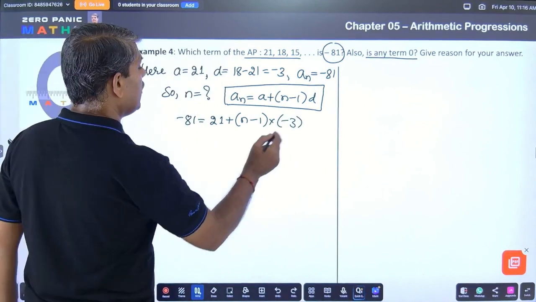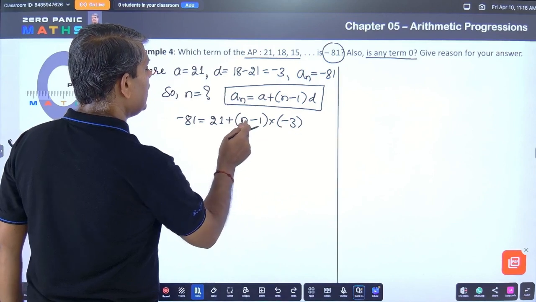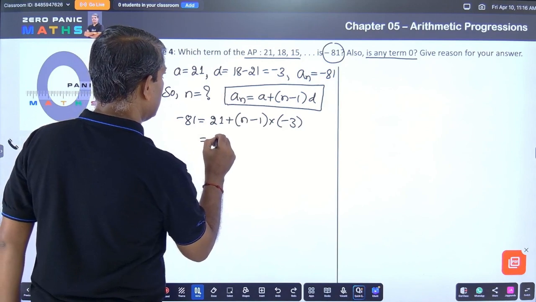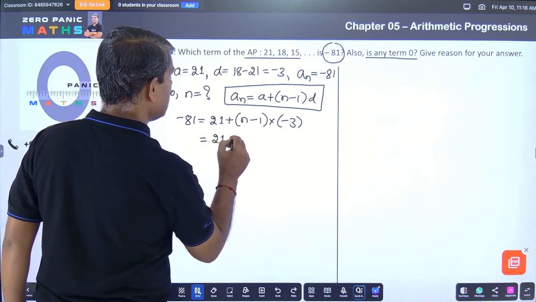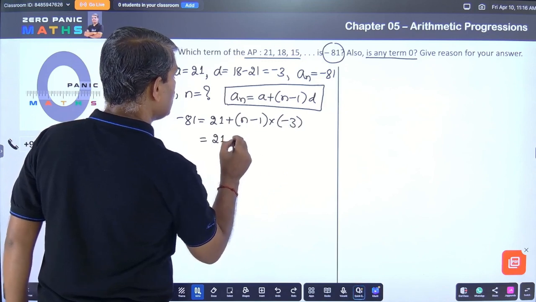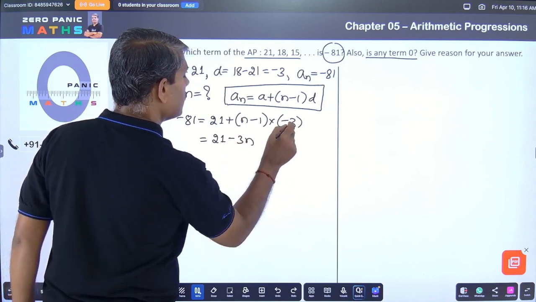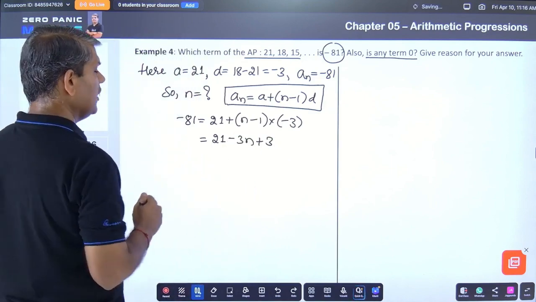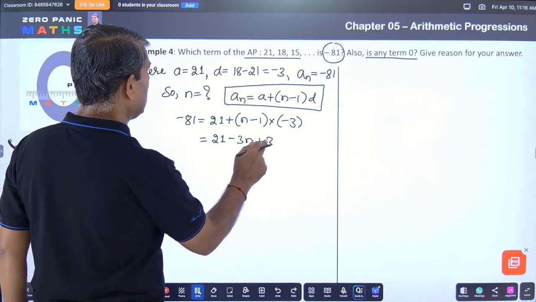Now let us multiply minus 3 with n and minus 1. Keep 21 as it is, and minus 3 into n is minus 3n. Minus 3 into minus 1 is plus 3. So 21 plus 3 is 24.